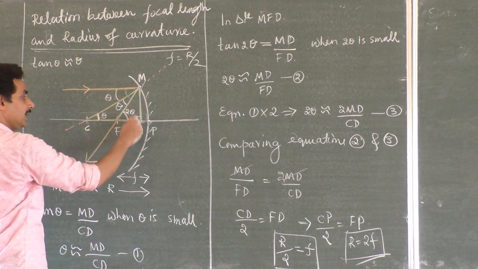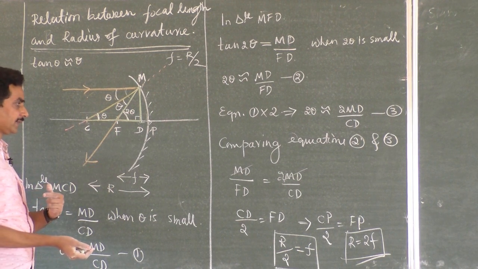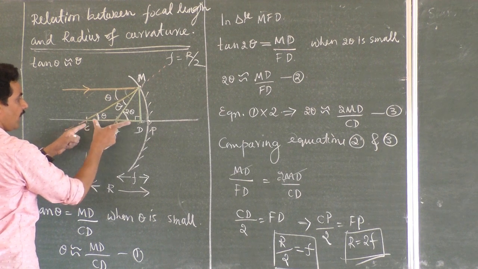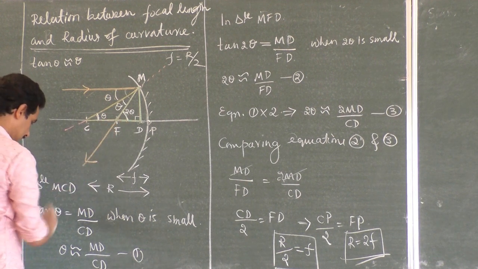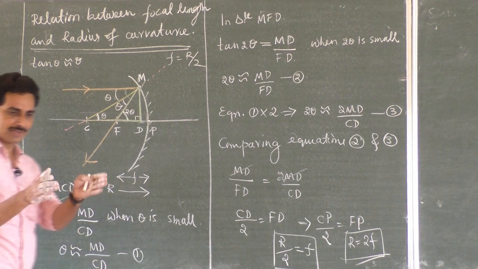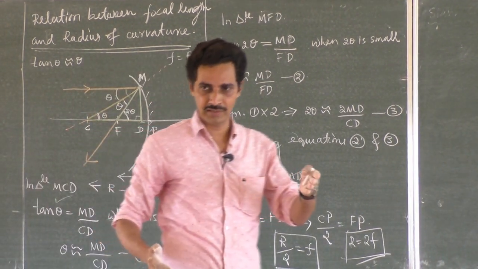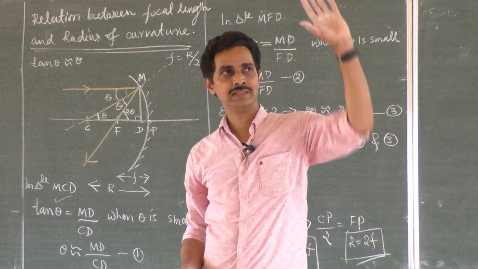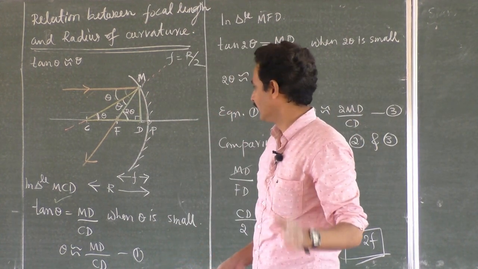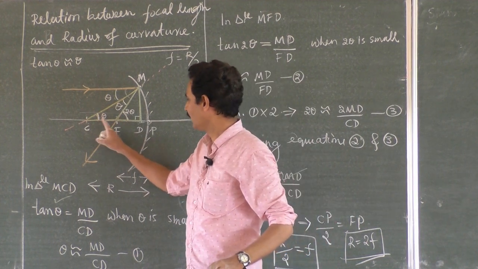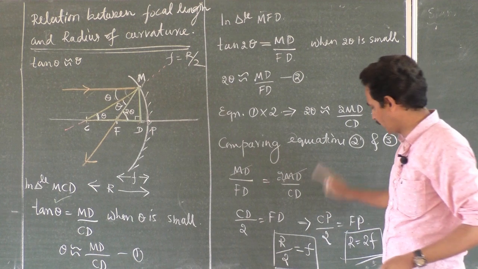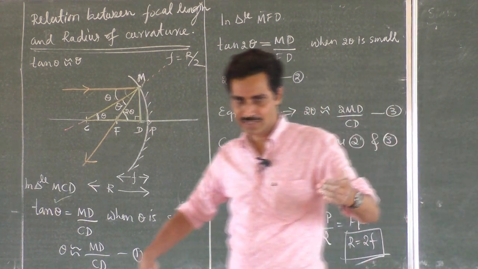And if MD is going to be cancelled later by taking common, that is the opposite side, and FD and CD are all adjacent sides, it is tan theta which will help you. So if you have an algorithm-like arrangement for the derivation: a diagram, theta, 2 thetas, all alternate angles, and then finally taking tan theta, tan 2 theta, and getting the equations, multiplying them by 2, finally arriving at this. So you should have a flow chart like this.